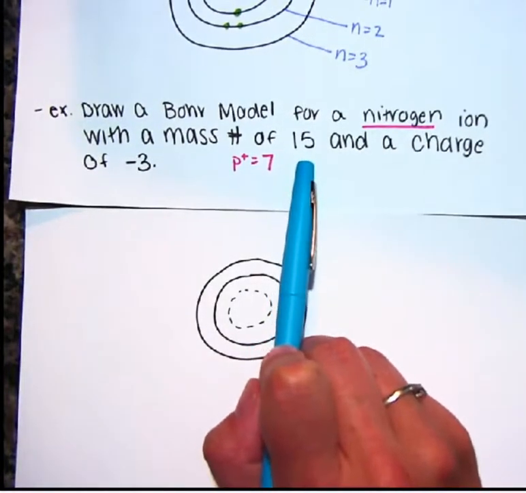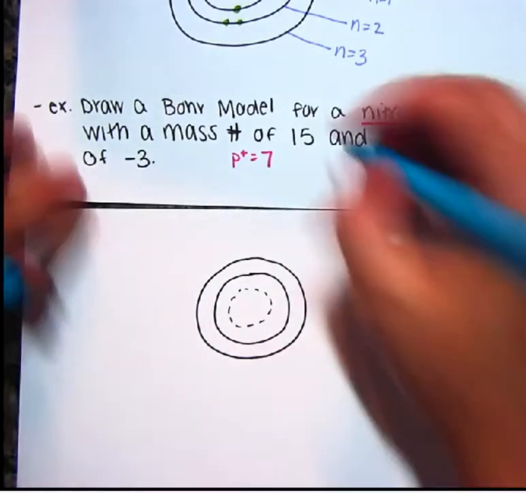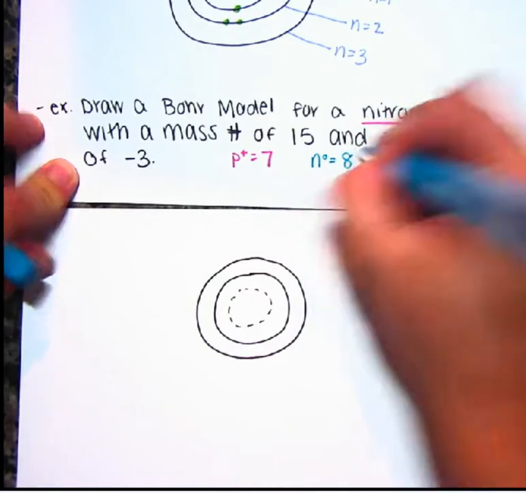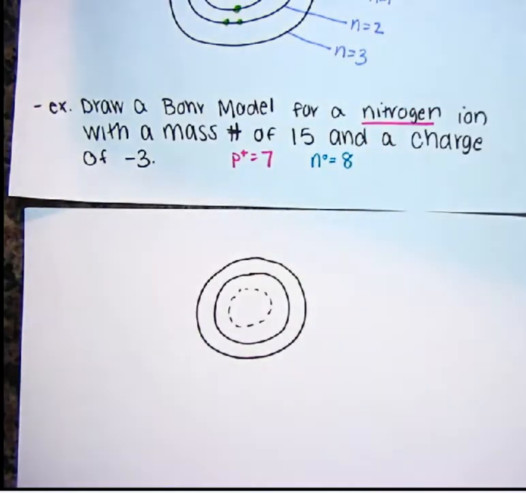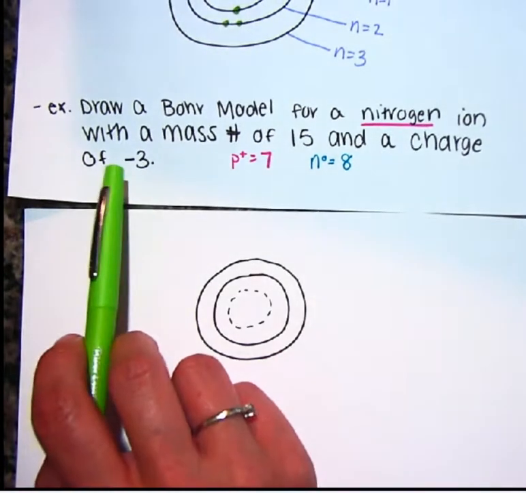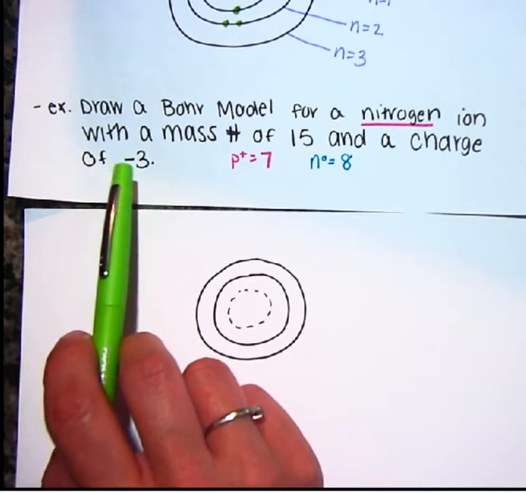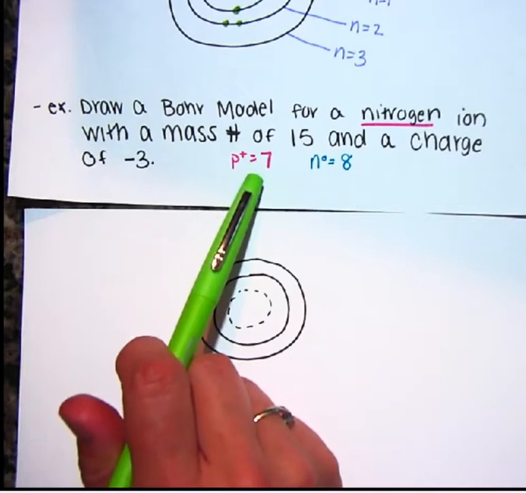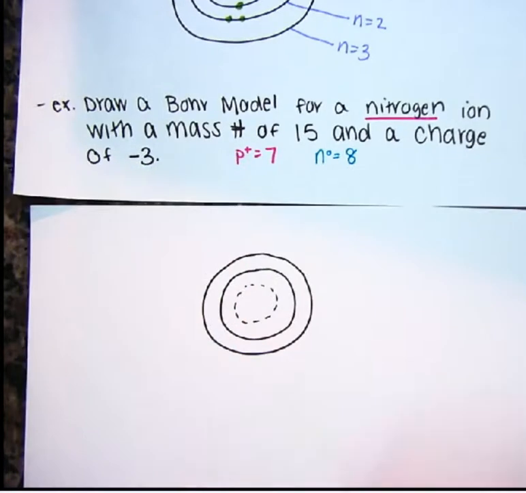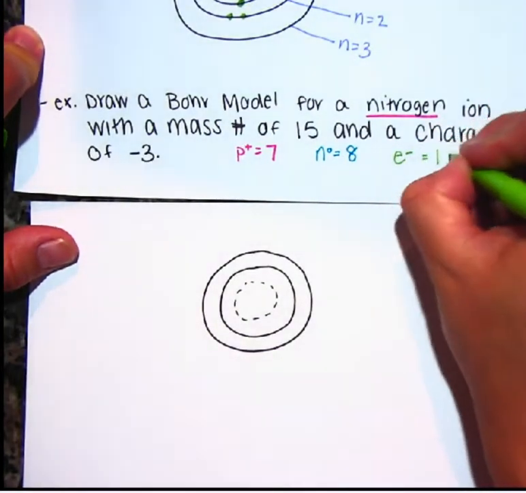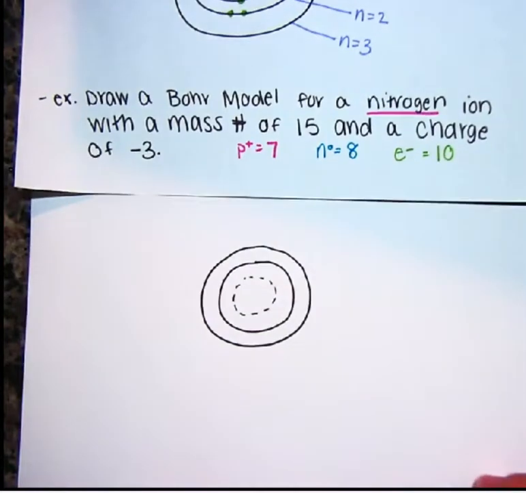So if I take my mass of 15 and subtract out my 7 protons, I have 8 neutrons. Electrons. The charge is -3. Since it's negative, there's more negative charges than positive, so I know there has to be more than 7 electrons. And since it's -3, there's going to be 3 more. So I would have 10 electrons.